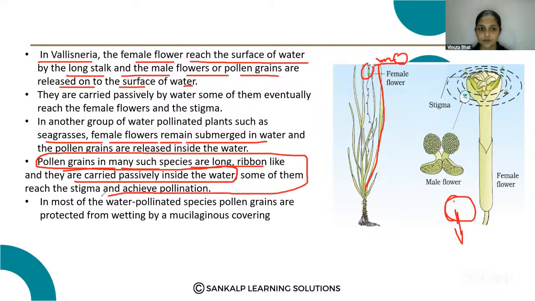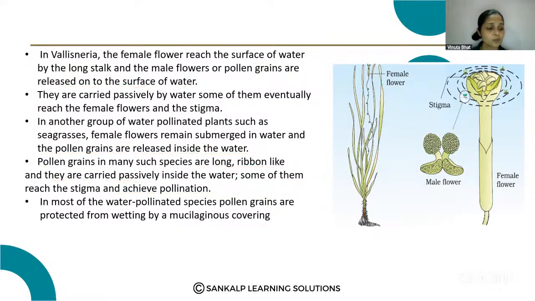In sea grasses, pollen grains are long and ribbon-like and carried passively inside the water, and the pollen grains have a mucilaginous covering that protects them from wetting. These are the features of water pollinated flowers. Very, very important.